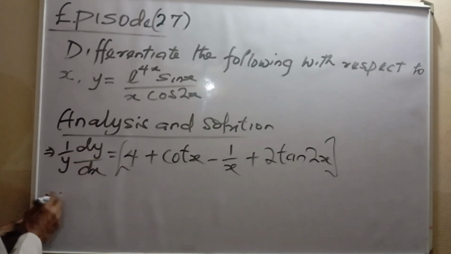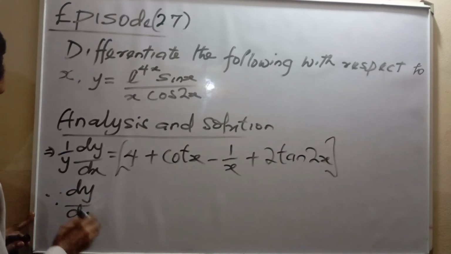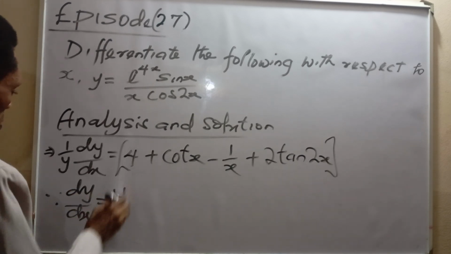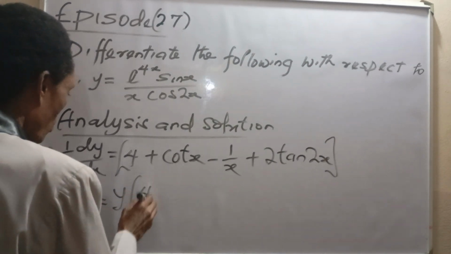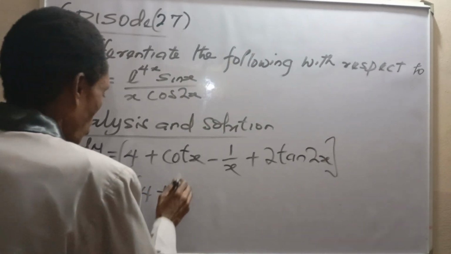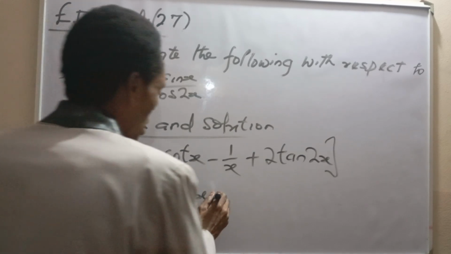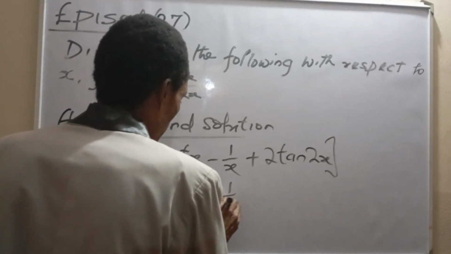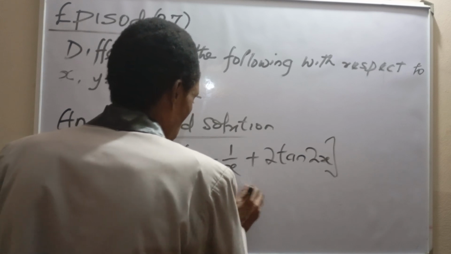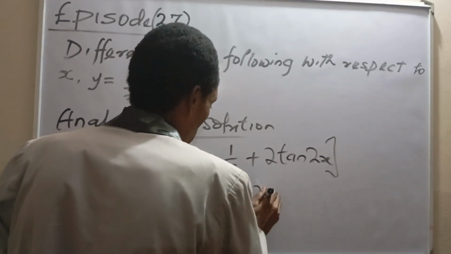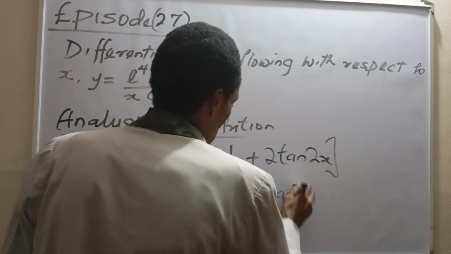So therefore, now dy all over ds equals y, which is at this one, open bracket 4 plus cot s minus the reciprocal of s, then plus 2 tan 2s.